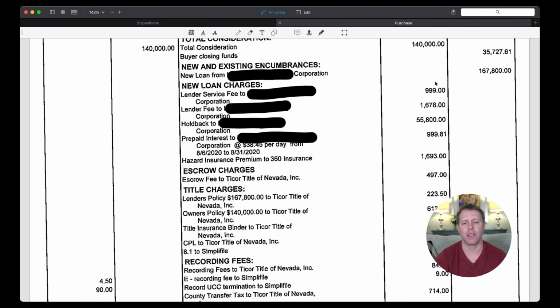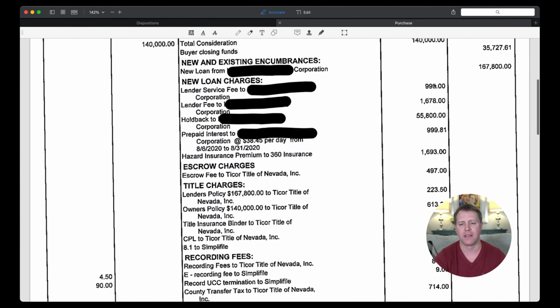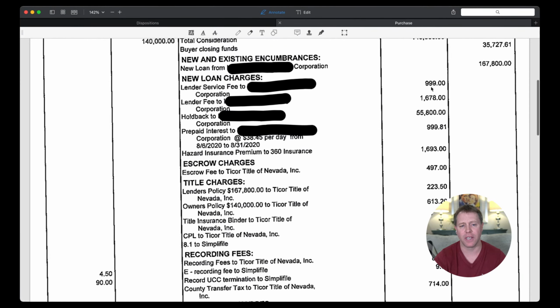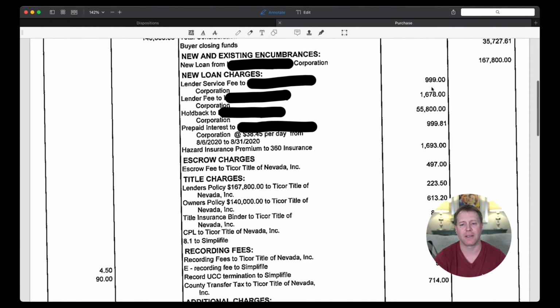But I'm showing you how to do this because this is a hard money or soft money or private money lender. There's going to be points and some fees, and I'm going to show you how to estimate that separate of this. So when I'm talking about closing costs, I'm talking about the real closing costs, not the lender costs, and I'm not talking about the down payment.